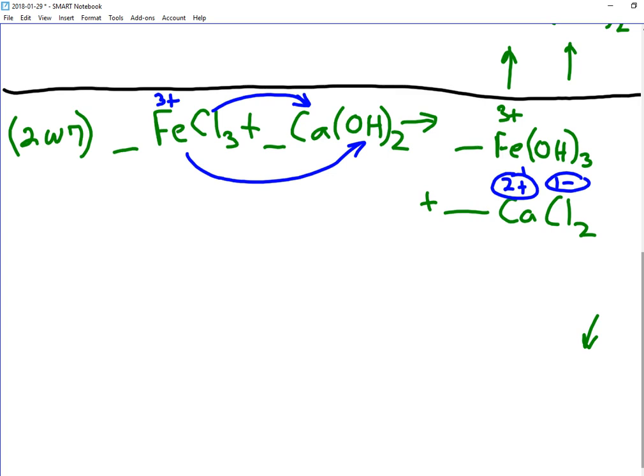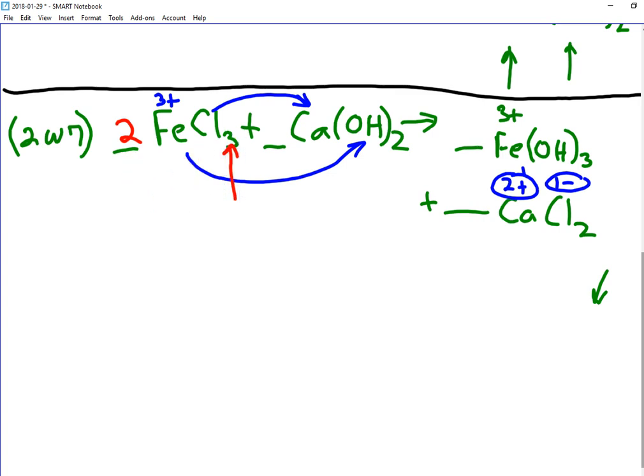I'm going to take my 2 here, and I'm going to use it for the coefficient at the iron, which will be a 2 here. 2 times 3 is 6, and the 3 is for the chlorines. Okay? 2 times 3.